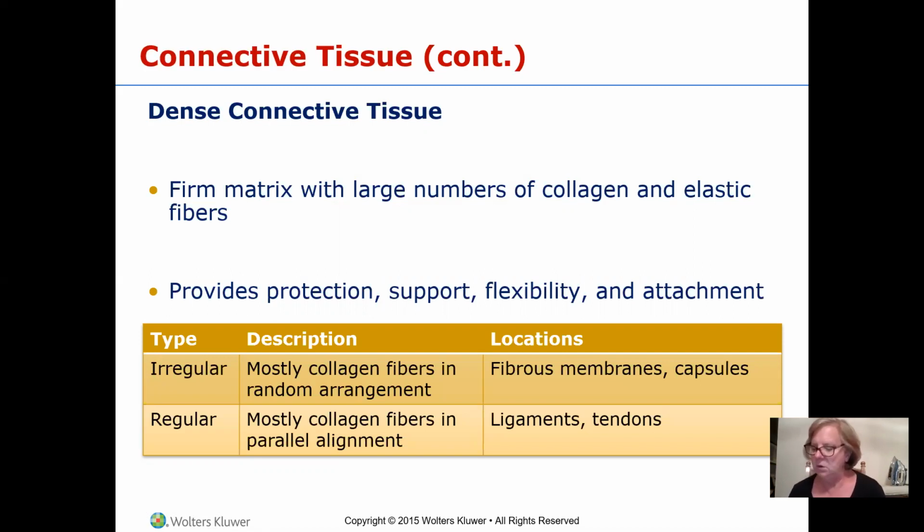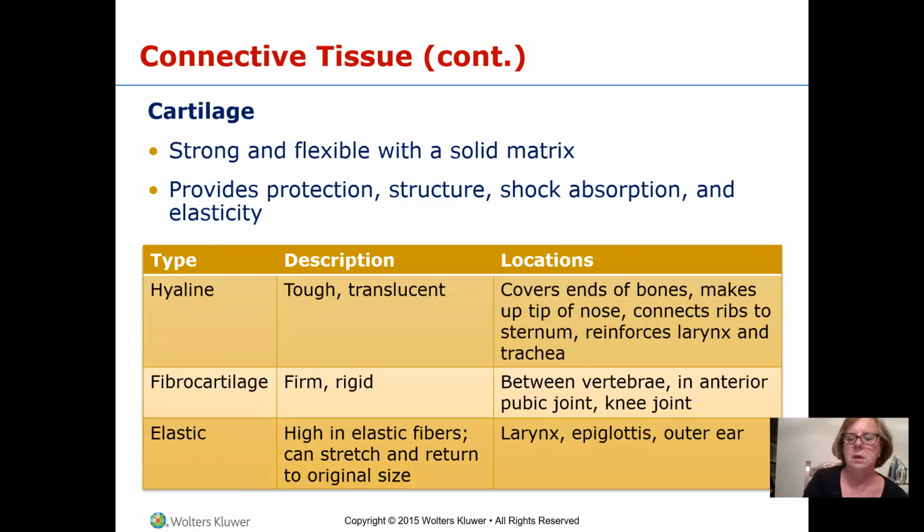The irregular dense covers organs, the regular dense is regular, so it's all in the same line, and those are like tendons and ligaments. All of that connective tissue is lined up in a straight line. And then we also have some elastic, which they are not mentioning here, but that is found in your vocal cords. So you have some idea for its location.